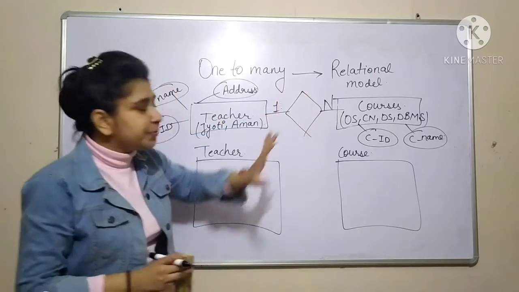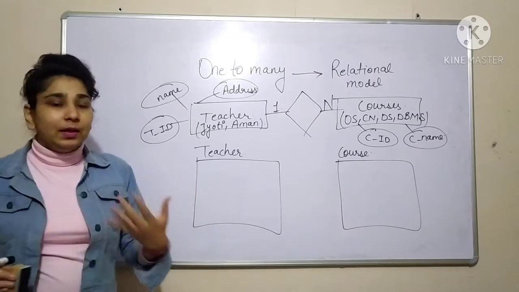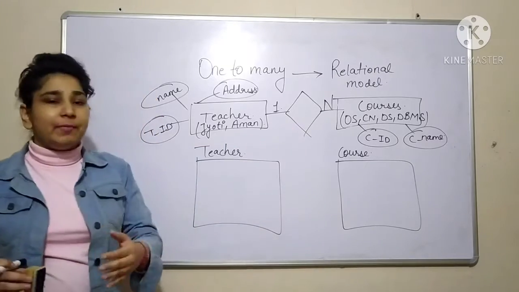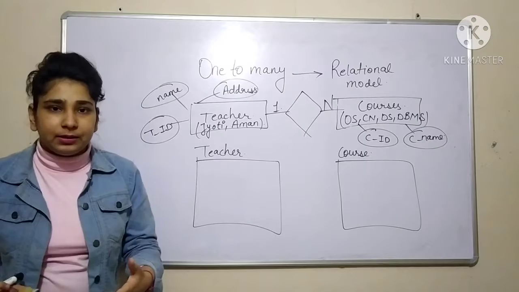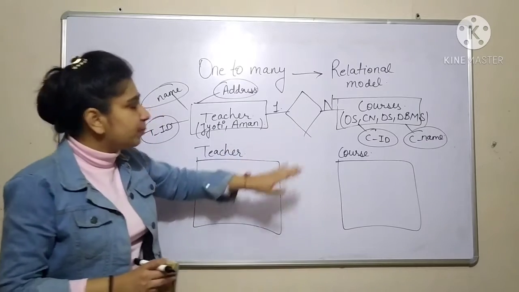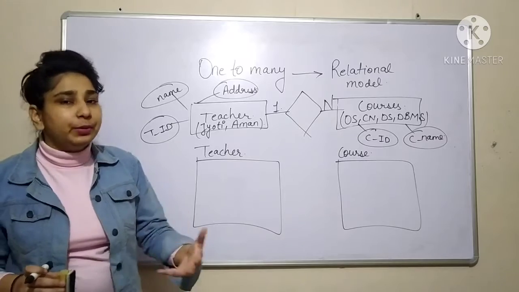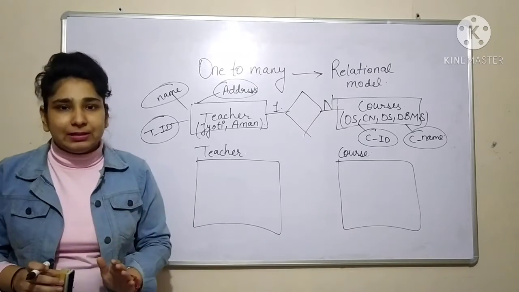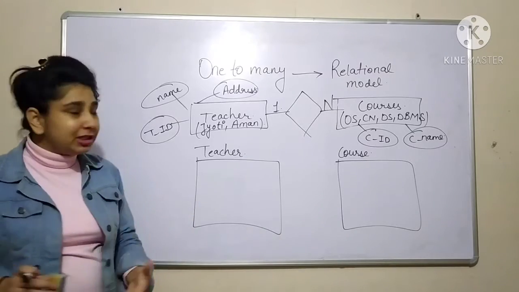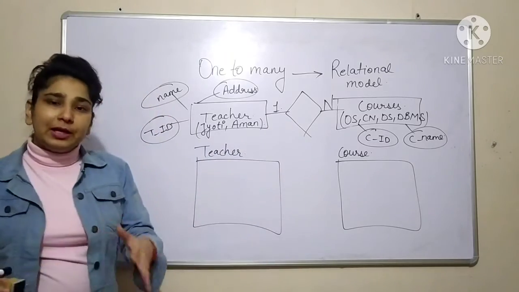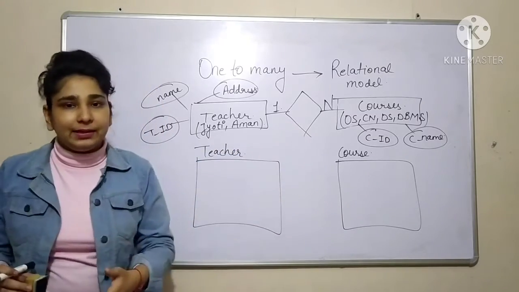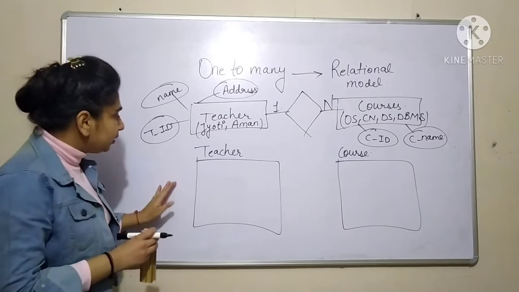We have an option whether we should make a table for the relationship or not. It really depends upon the condition. We always try to reduce the total number of tables, so if it is essential to make a table for the relationship, then we will make it.